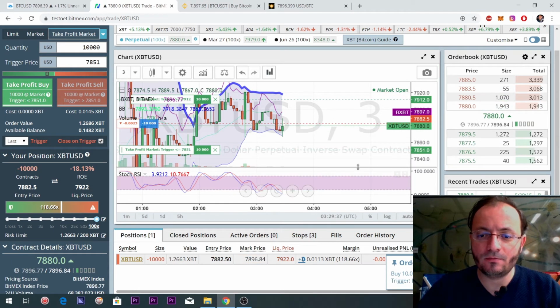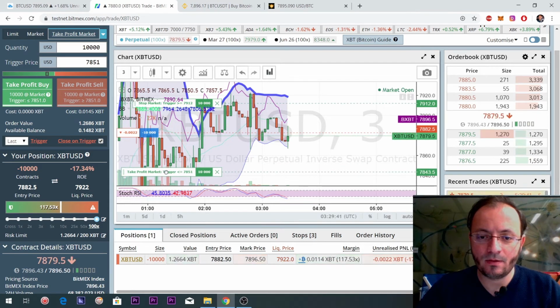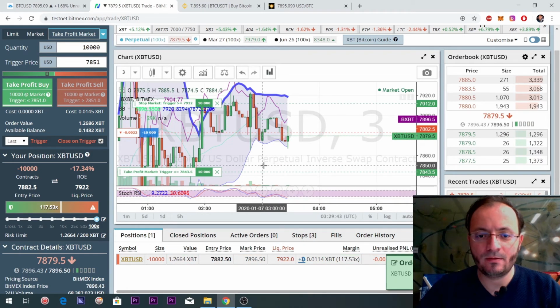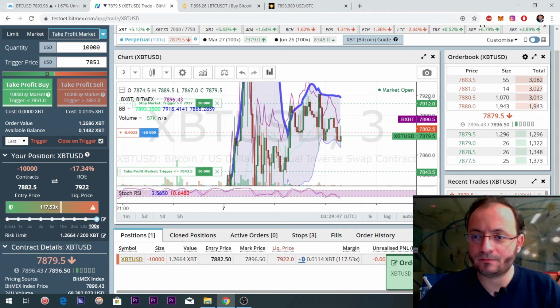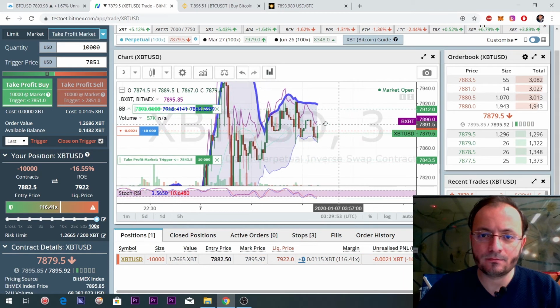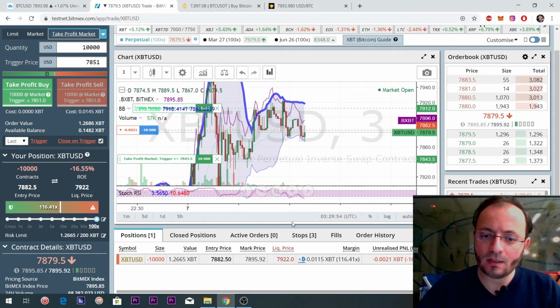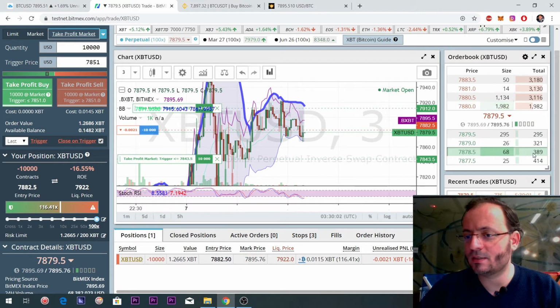You can also move these, amend these orders up or down as you consider. And also here on the right column you have the order book, the sell orders, the buy orders.